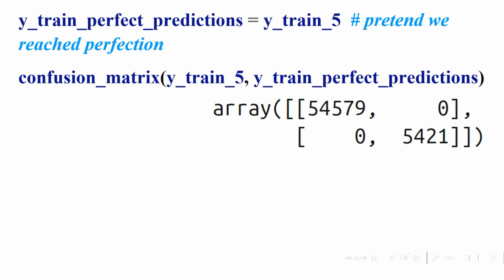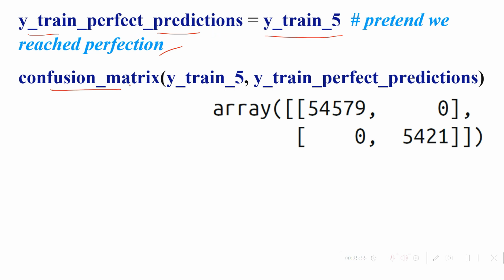In order to show the perfect model, y_train_perfect_predictions equals y_train_5. We give all the values of y_train_5 to y_train_perfect_predictions, pretending we have reached perfection.